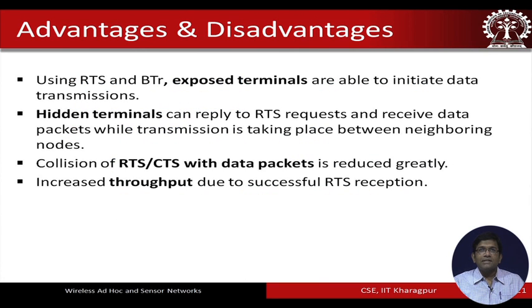The protocol obviously has different advantages and disadvantages. Although some of these hidden terminal and exposed terminal problems are solved, there are still issues with respect to the overall performance, as we are using more packets. These different issues still remain, and the control overhead basically increases in the network.